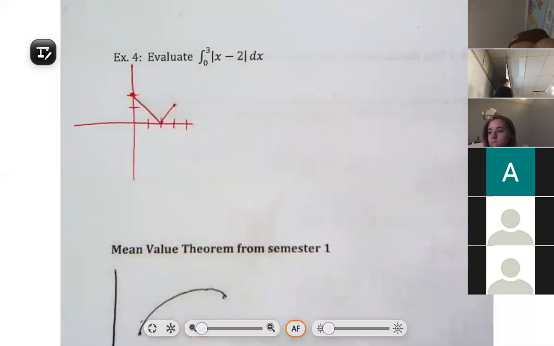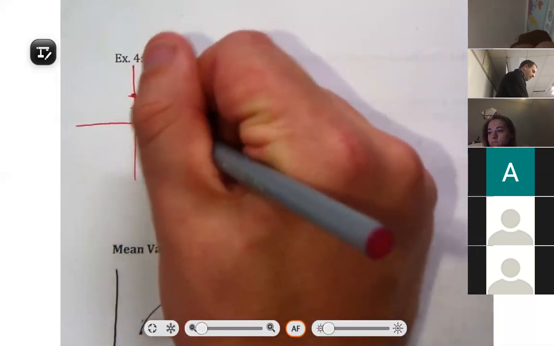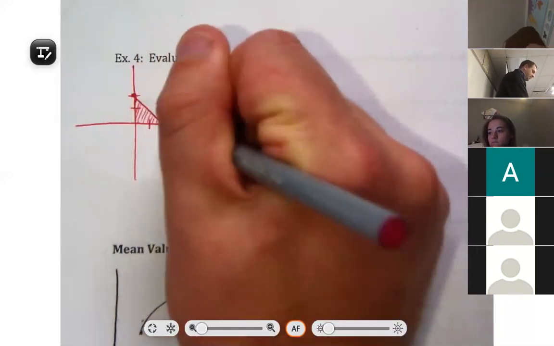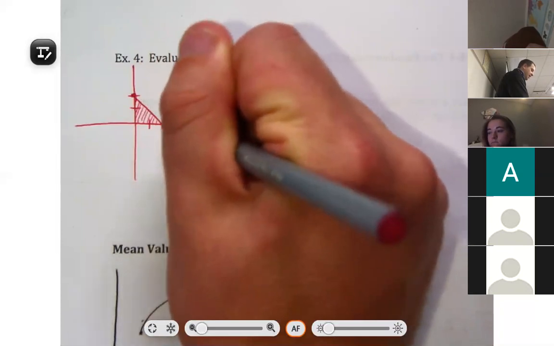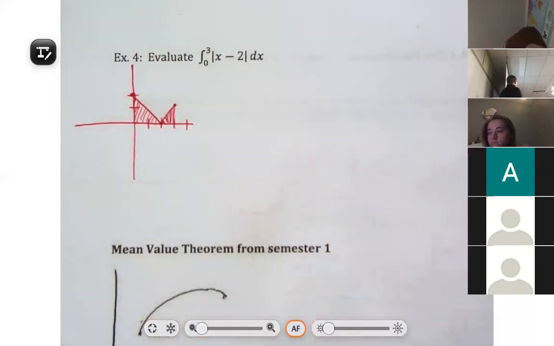But there's the graph. All this question is saying is find the area under this graph and above the x-axis. It's basically saying find the area of those 2 triangles and add them together. So again, my advice, if you come across absolute value in this class, sketch a graph.